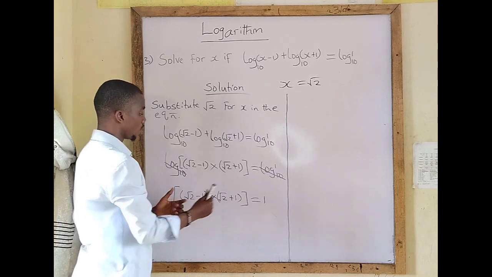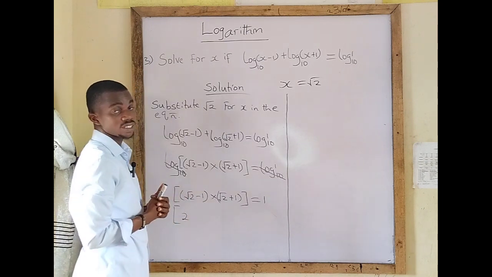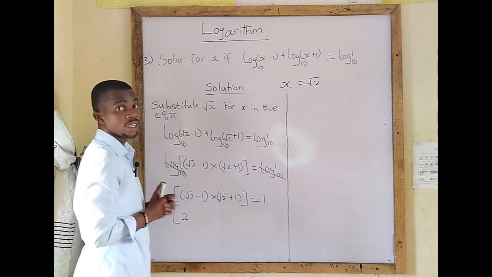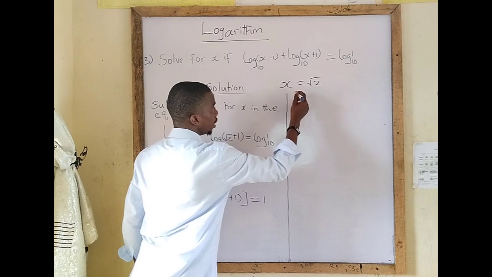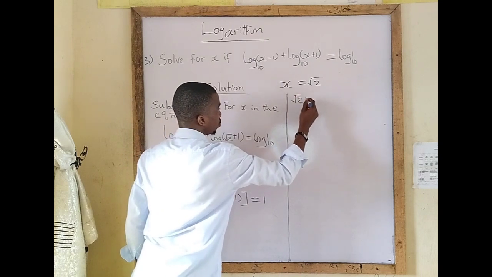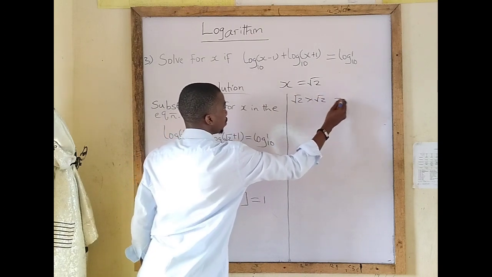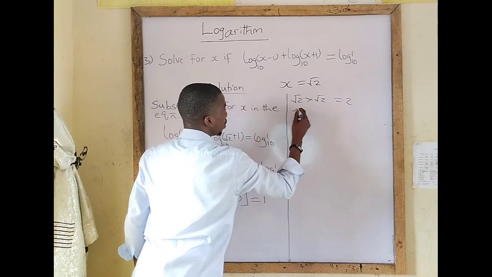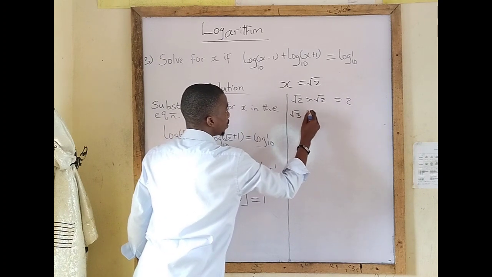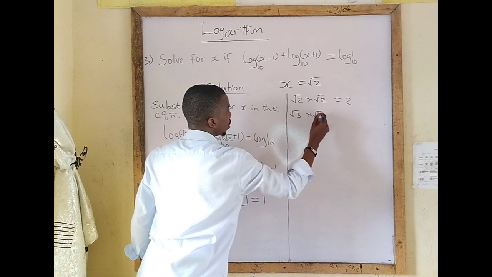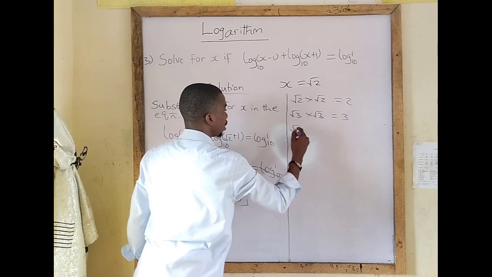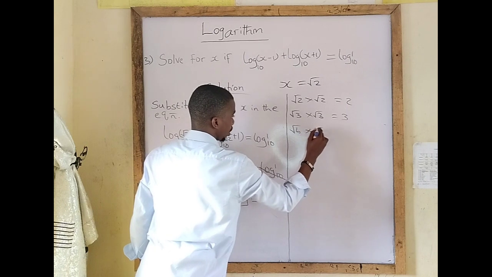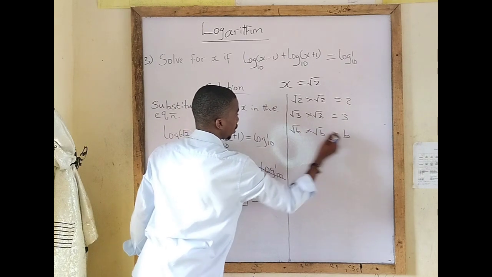Anytime you multiply two roots with identical number, the roots go away and you have just the number. What I mean, if you multiply root 2 times root 2, you have 2. You multiply root 3 times root 3, you have 3. That is, root b times root b will be equal to b.